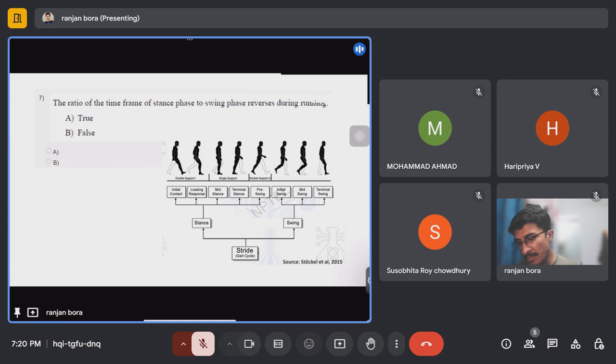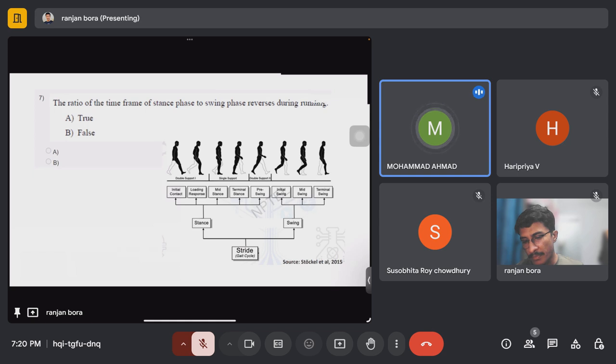Now, the ratio of the time frame of stance phase to swing phase reverses during running. Is it true or false? Yeah, yes, you are correct.